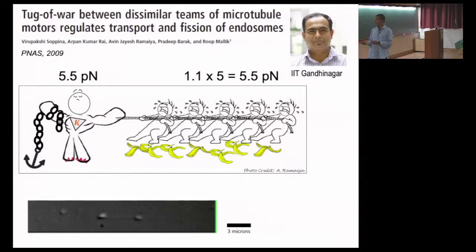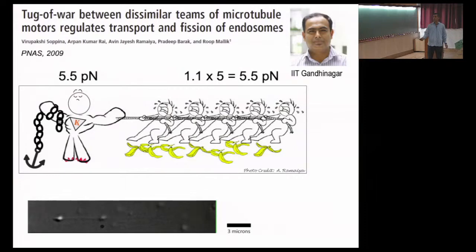Okay, and again, by using the kind of techniques that I discussed yesterday, optical tweezers and related biochemistry and tracking of these cargoes, what we concluded eventually is that, and I can't run the video from here. So you can see, yeah, when this runs, you will see that there are two membranous objects linked by some kind of a membranous tether.